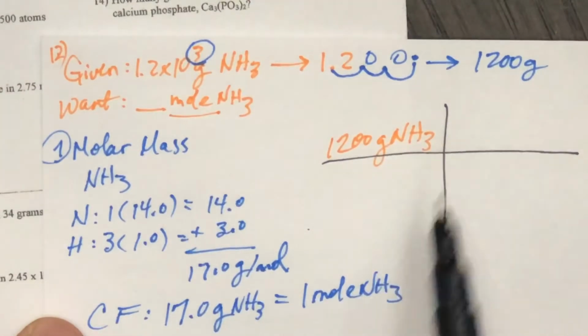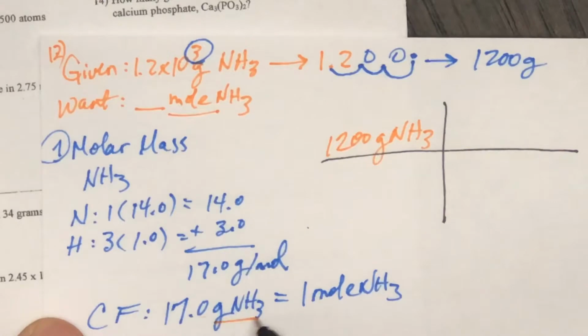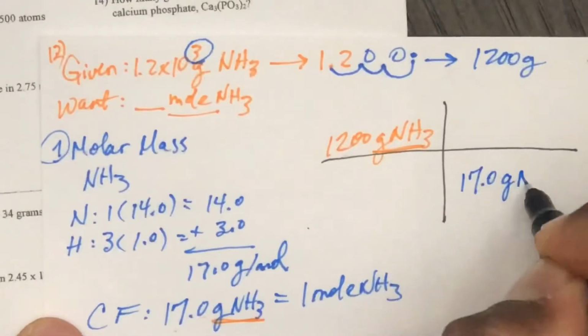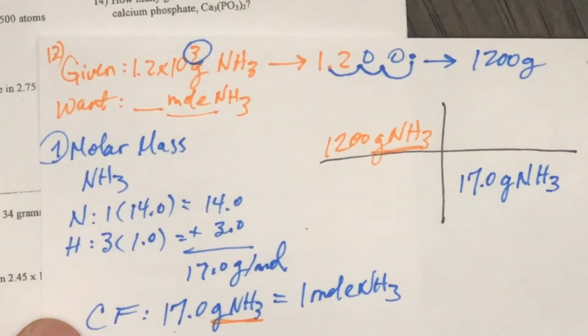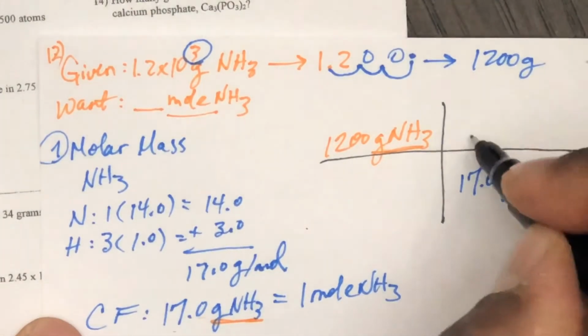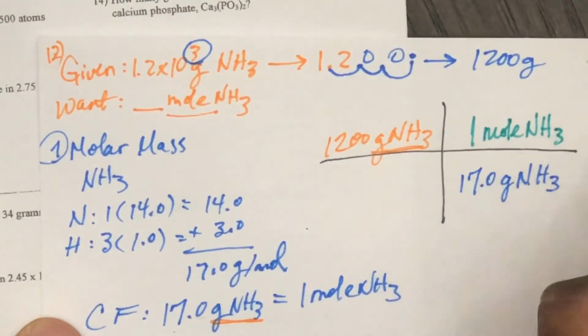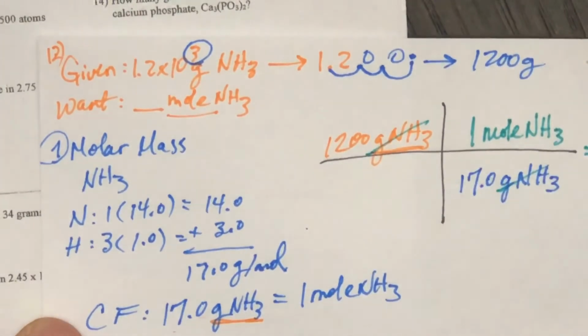So grams of ammonia, what are you gonna put down here? Well, we're gonna match up these units. So that means that the 17 is gonna go down here. And on the flip side, you're gonna have your 1 mole of ammonia.